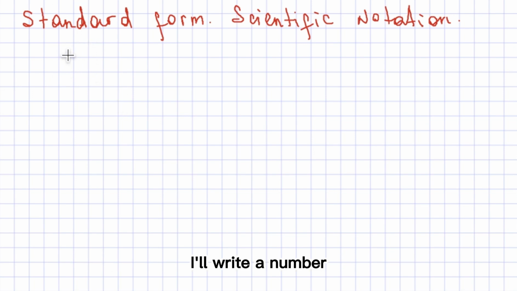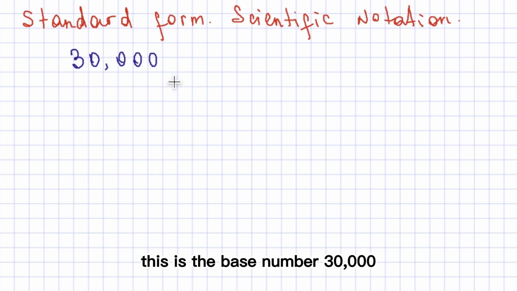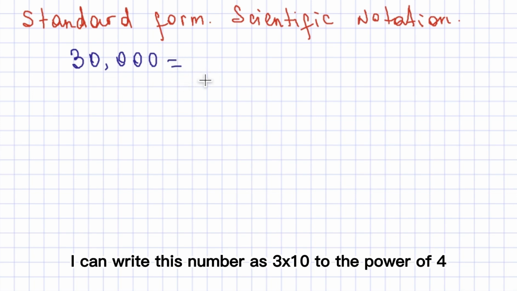I will write a number, 30,000. This is the base number. I can write this number as 3 times 10 to the power of 4.